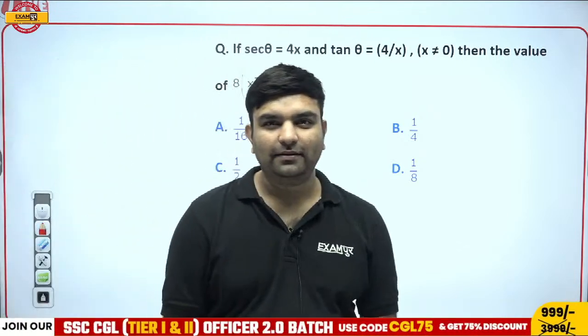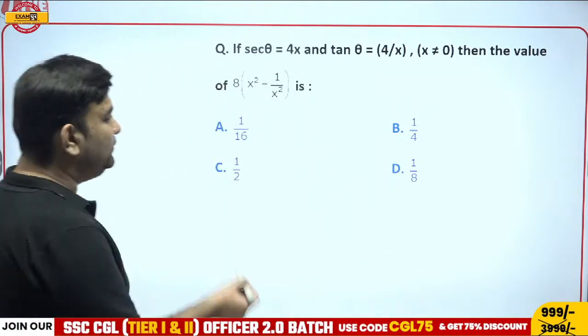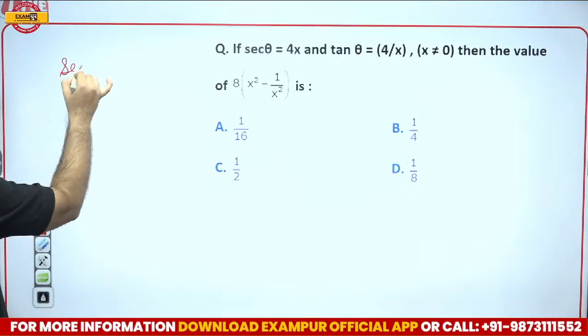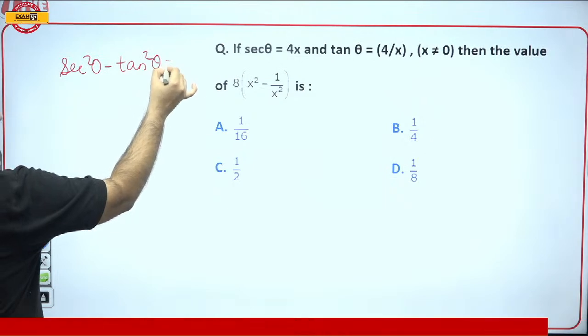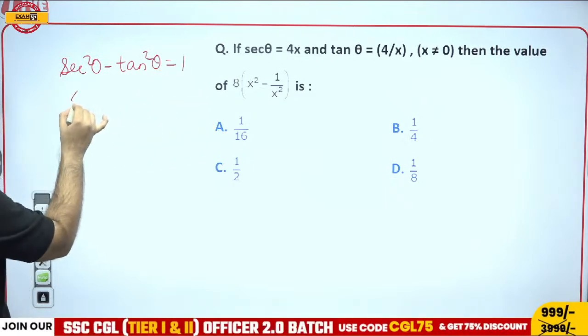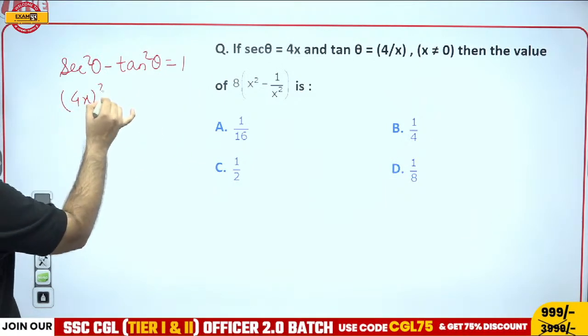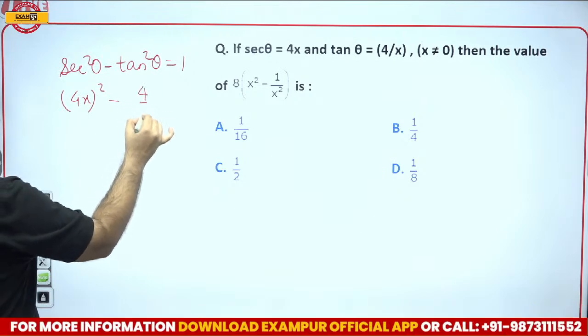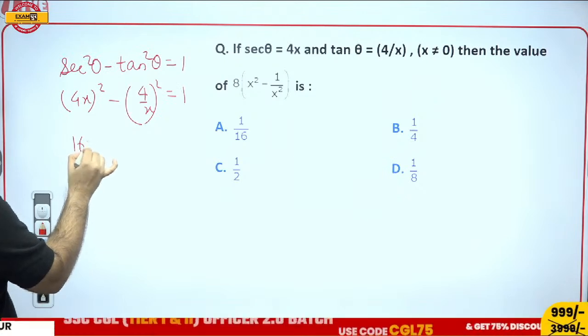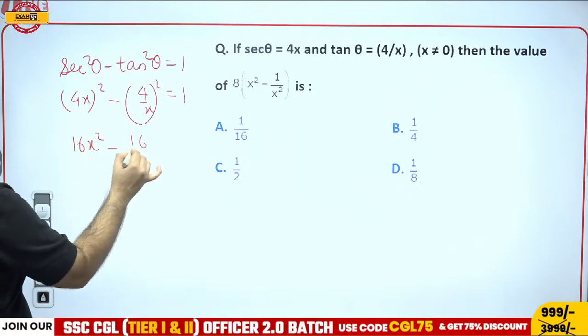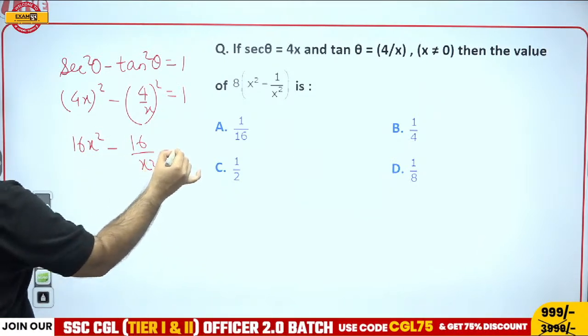Sec 10. You know the identity is sec square theta minus tan square theta is 1. Sec is 4x, so 4x whole square; tan is 4 by x, whole square, is 1. 16x square minus 16 by x square is 1.